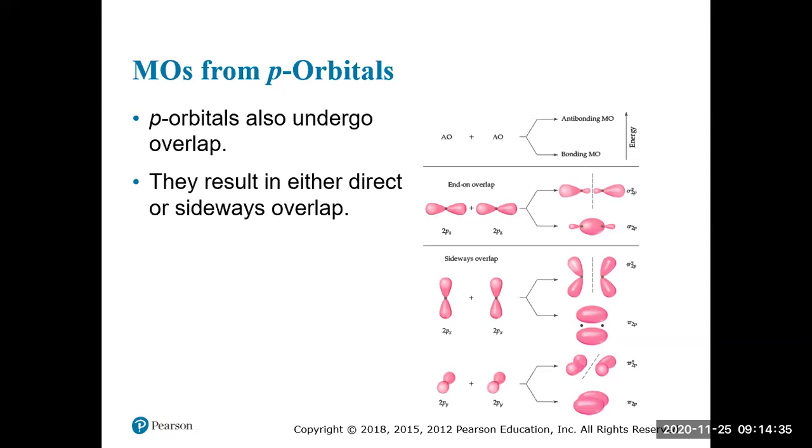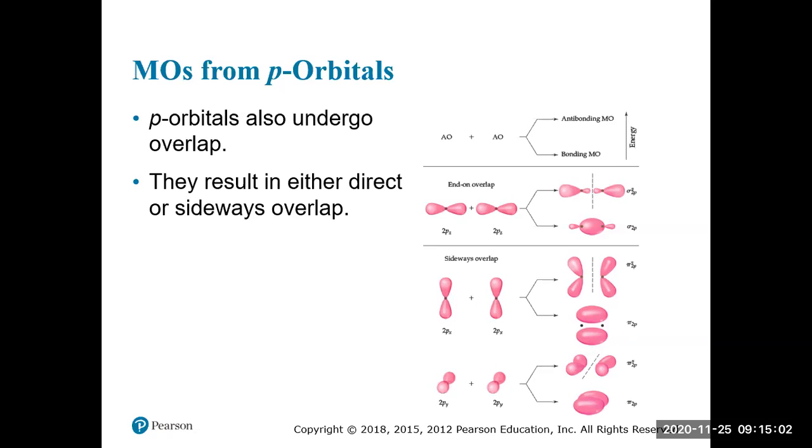If we look at the one on the bottom, the y orientation, we see a similar thing, except just because of how these are oriented, now we have overlap where, and it's a little hard to see in this picture, you have a lobe in front of the plane between the two nuclei and a lobe behind it.